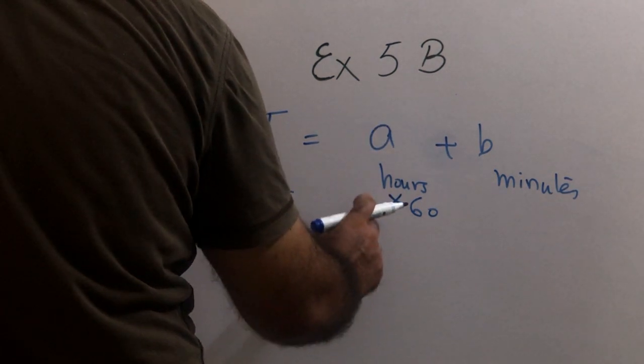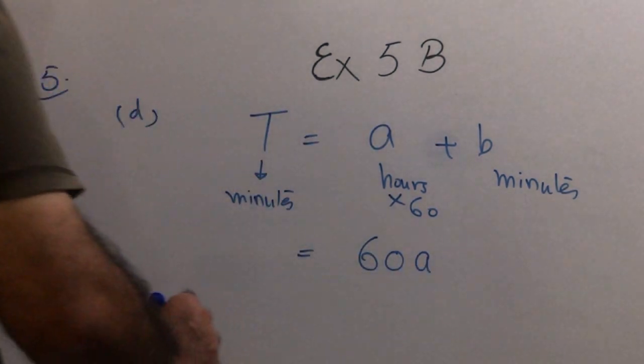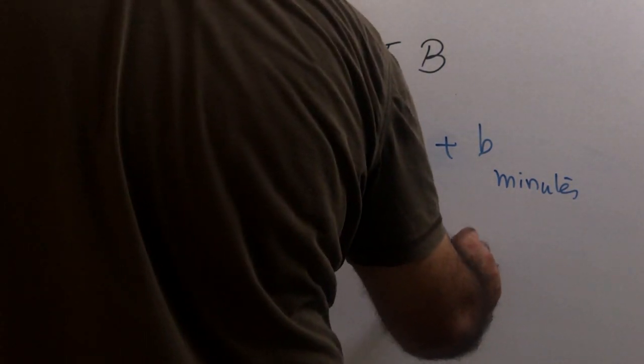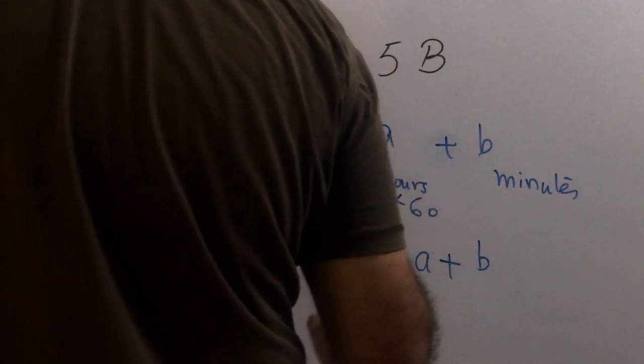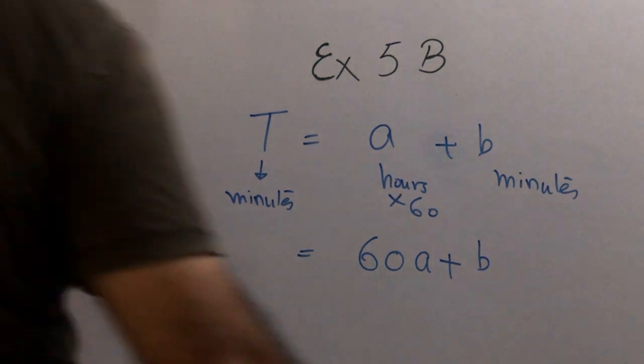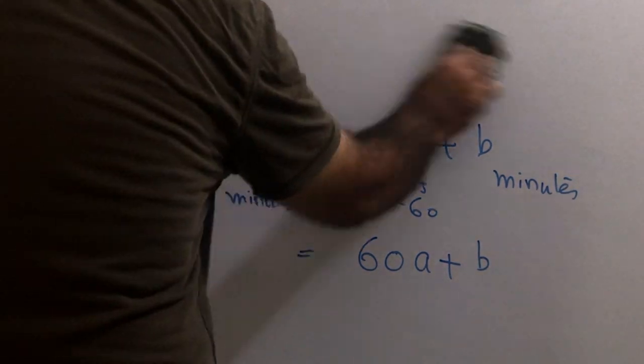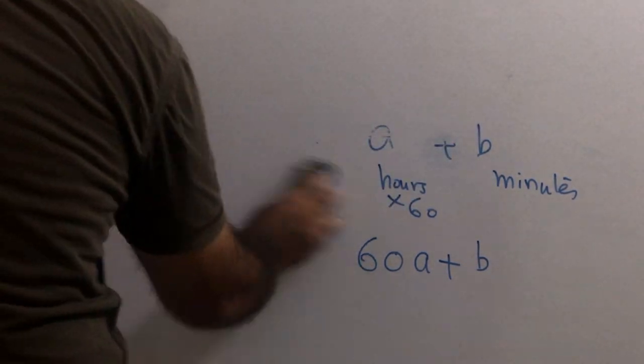This is in hours, so it becomes 60A and how many minutes? B minutes. So 60A plus B becomes the formula for time in minutes for a train journey of A hours and B minutes. So question number 5 is complete.